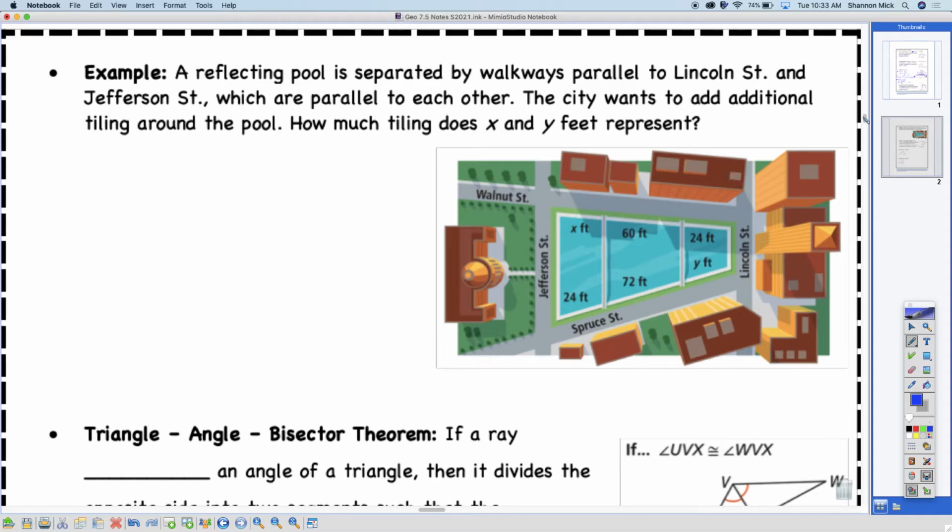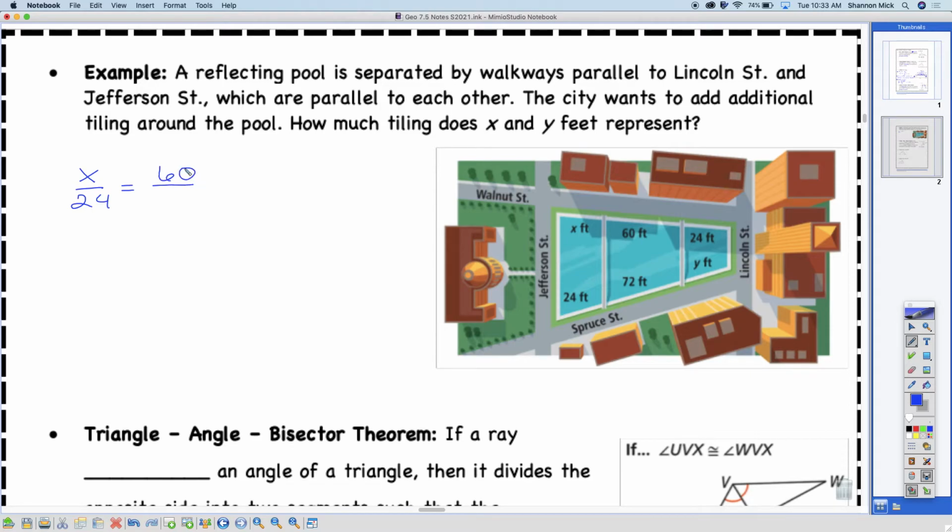So, since these lines are all parallel, are my segments proportional? Yes. So, X over what? X over 24? Okay. Could I put X over 60 if I wanted to write it that way? Yeah.